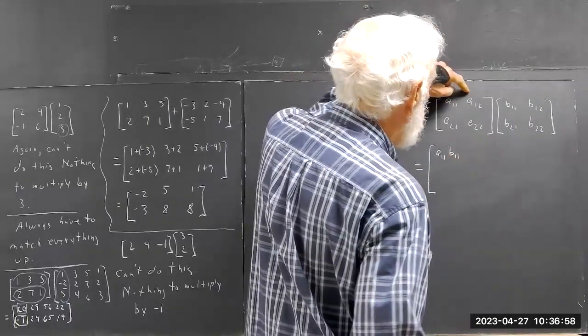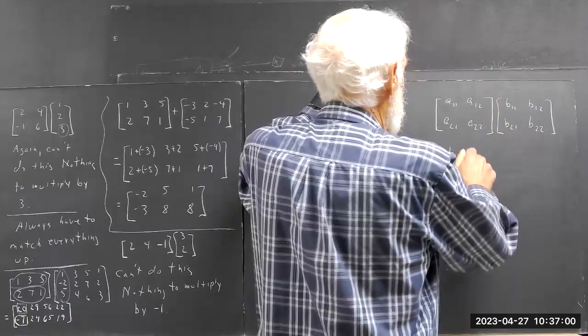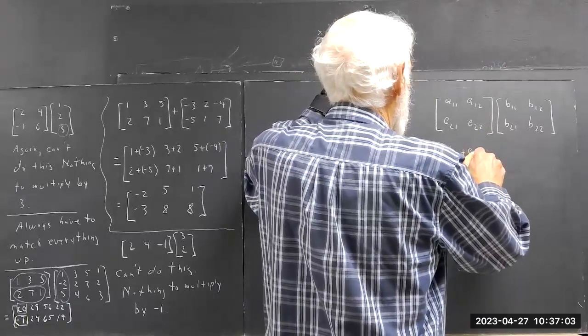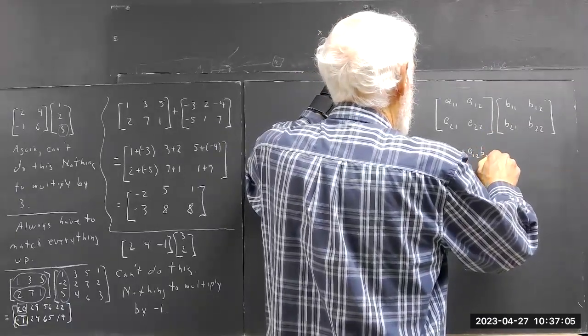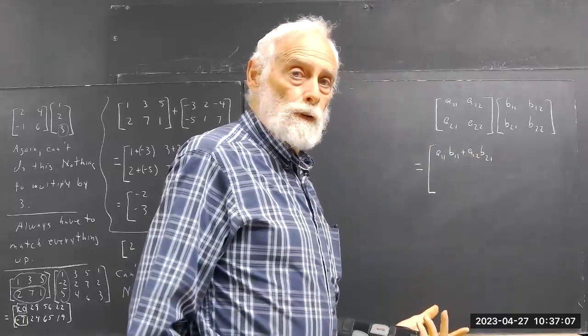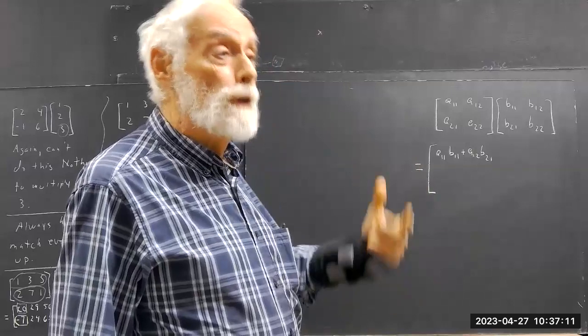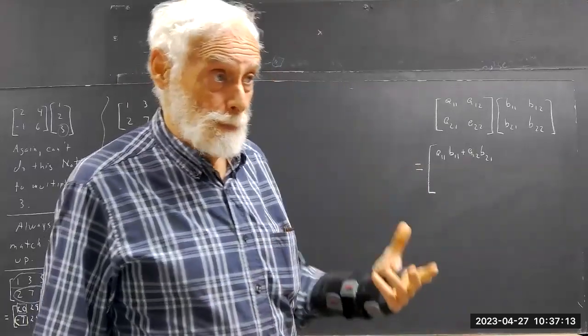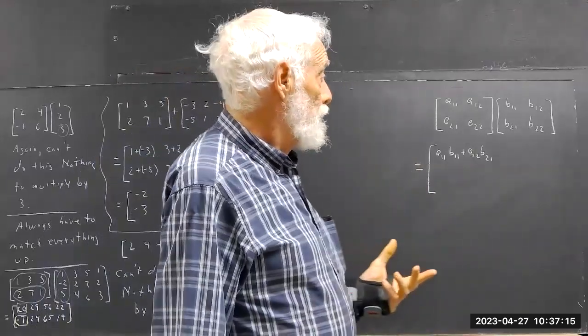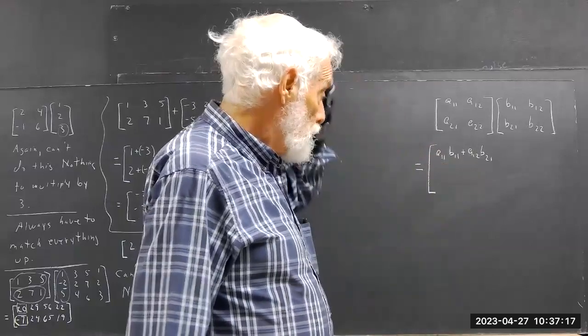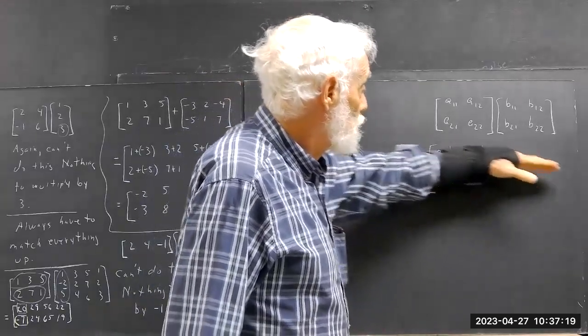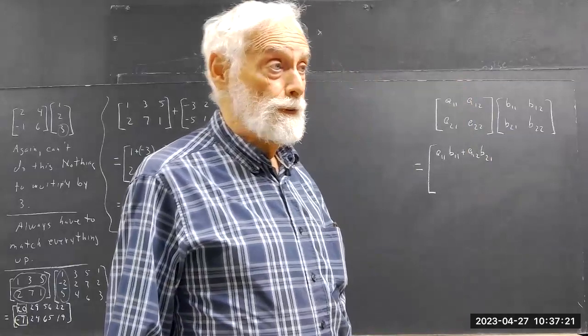And then we do A12 times B21. There's our first row times the first column. That's all we can do, unless we have more information about what some of these symbols mean. Okay. So that's first row times first column. It goes in the first row and first column of this matrix.